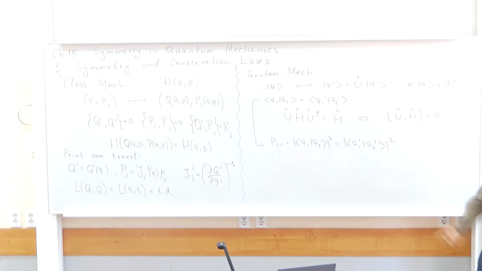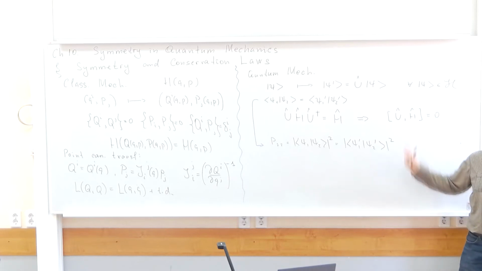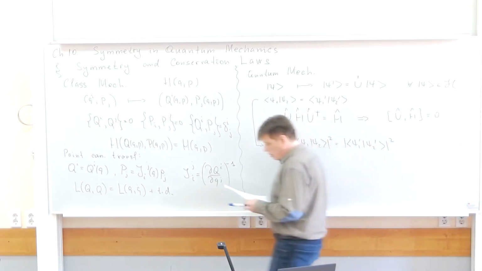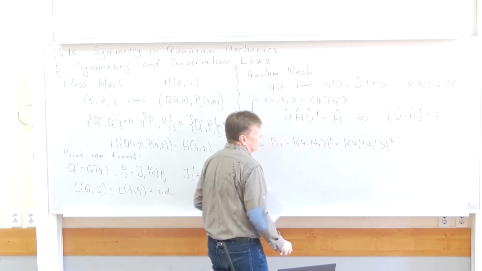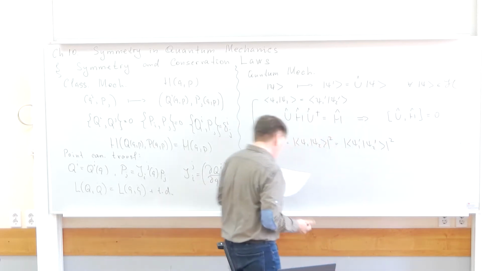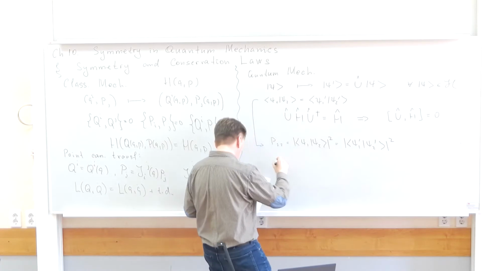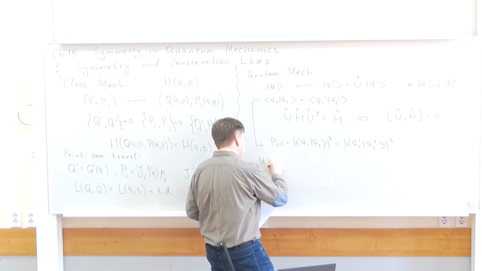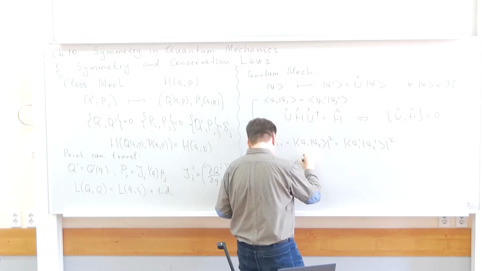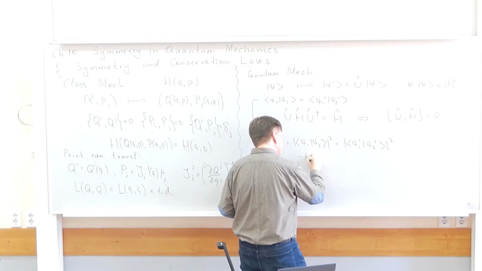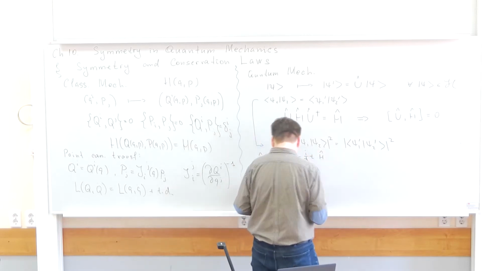But we should keep in mind that U is a unitary operator. It is not a Hermitian operator, so we can't associate a physical observable with it. Anyway, it is conserved with time. Then for a time-independent Hamiltonian, we have the following evolution operator. U of t is given by the exponential of -itH.